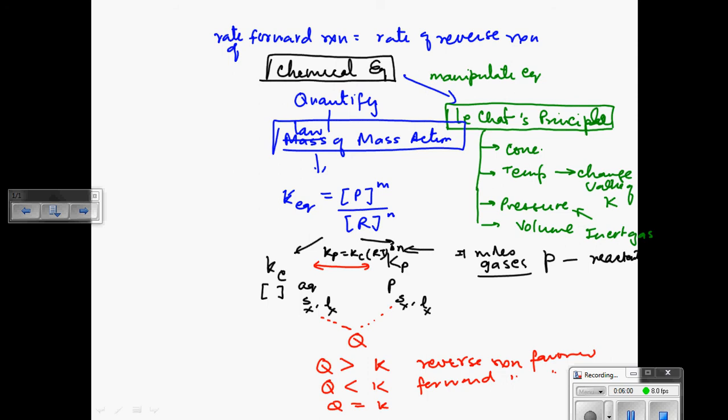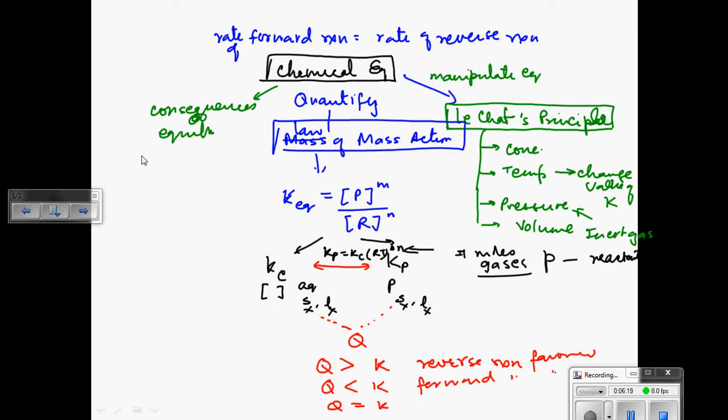Now let's look at the third part of equilibrium, which is what are the consequences at equilibrium.